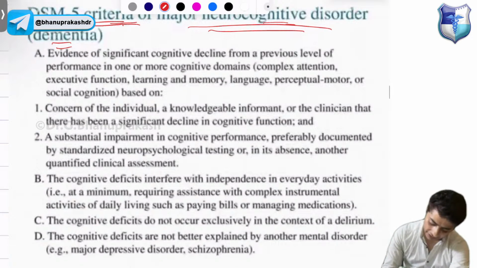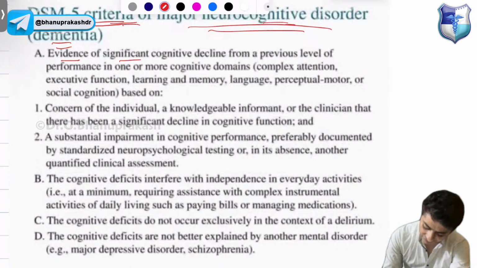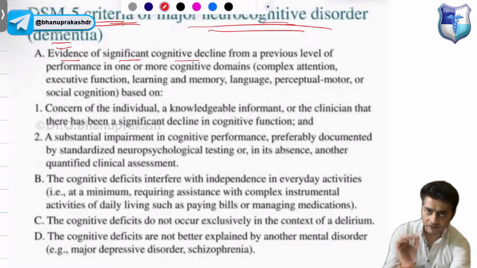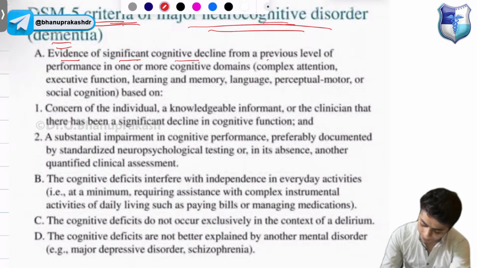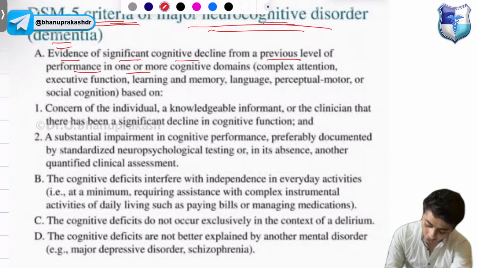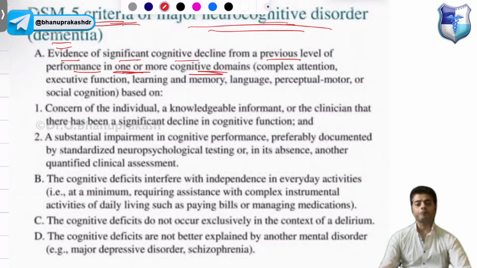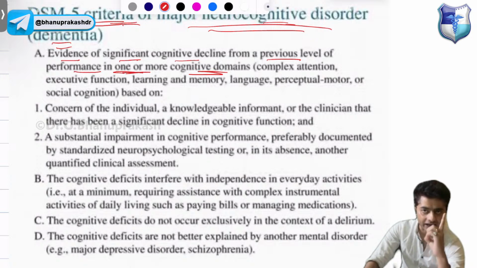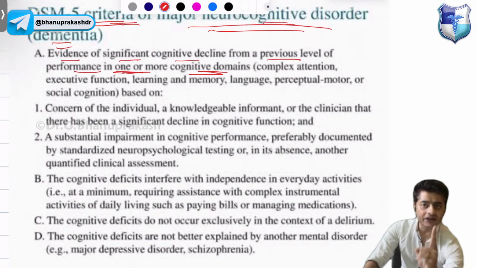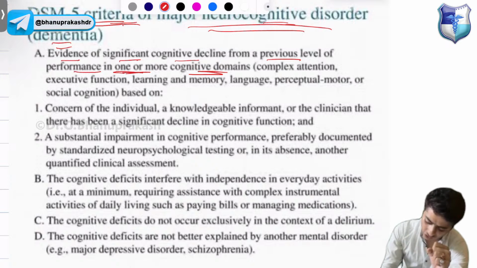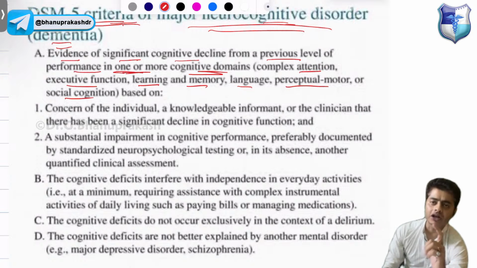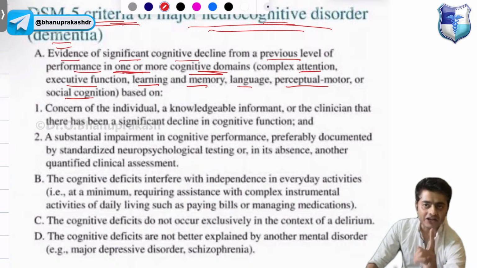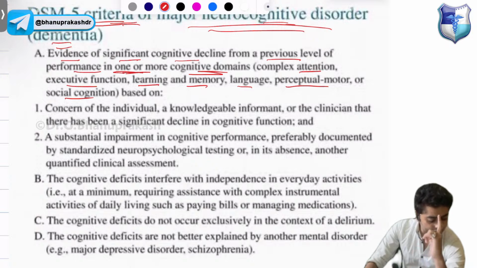So what it is saying: evidence of significant cognitive decline from a previous level of performance in one or more cognitive domains. मतलब if you are having a cognitive decline in any one domain, that is your attention, executive function, learning and memory, language, perceptual motor, or social cognition, we will be calling it dementia.